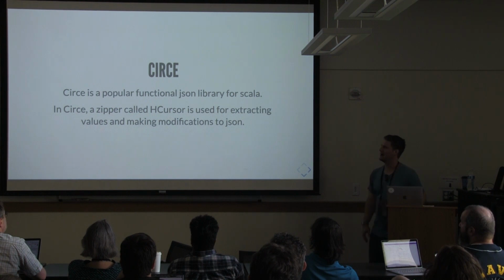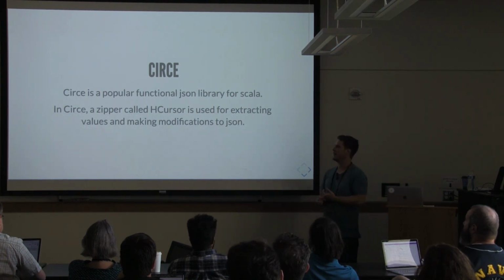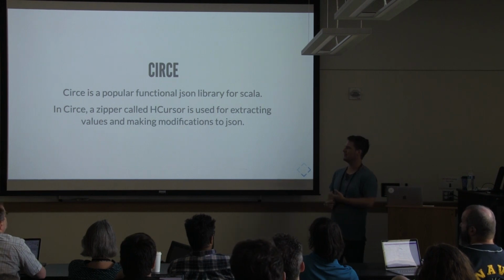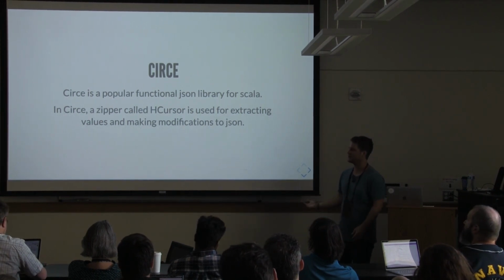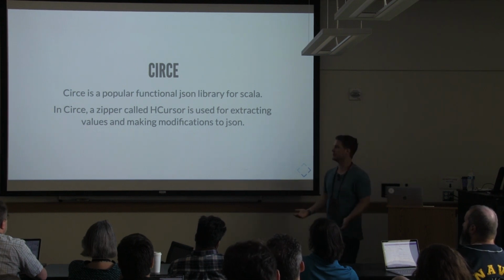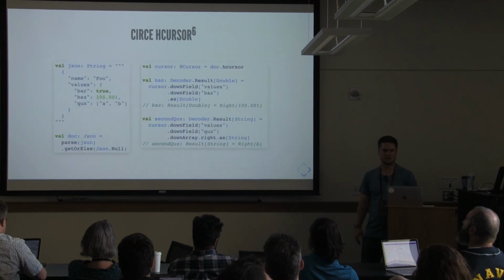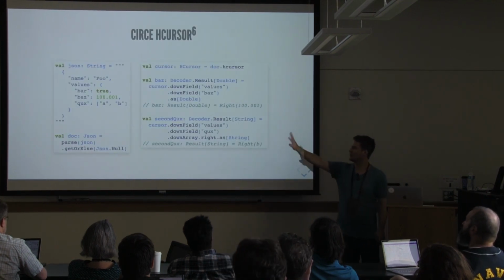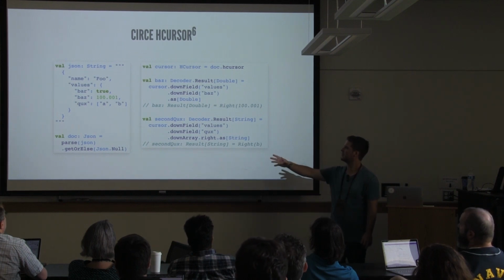There's a Scala JSON library called Circe that exposes a data structure it calls an HCursor, which is essentially a zipper for extracting values and making modifications. Over here we just define some JSON and parse the document.